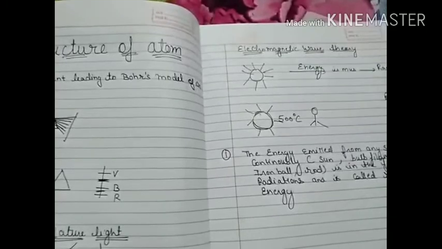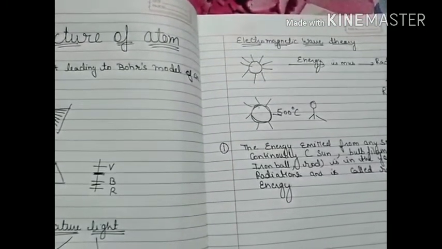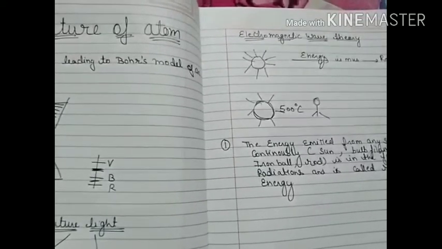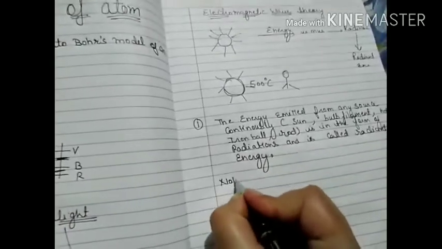And the energy of any electromagnetic radiation is directly proportional to intensity and independent of frequency. So write down, note here, and we'll discuss this point later.